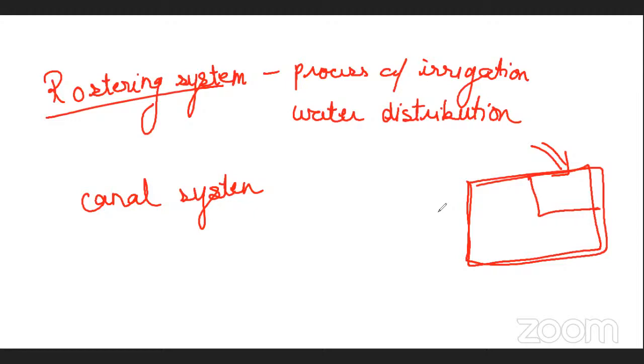So that is known as the rostering system. At one time we will be giving the irrigation to this part, and at another time we will be supplying to that part, because we can't apply to all parts of the system at the same point. That is known as the rostering system. Only one part of the system adequately gets the water.